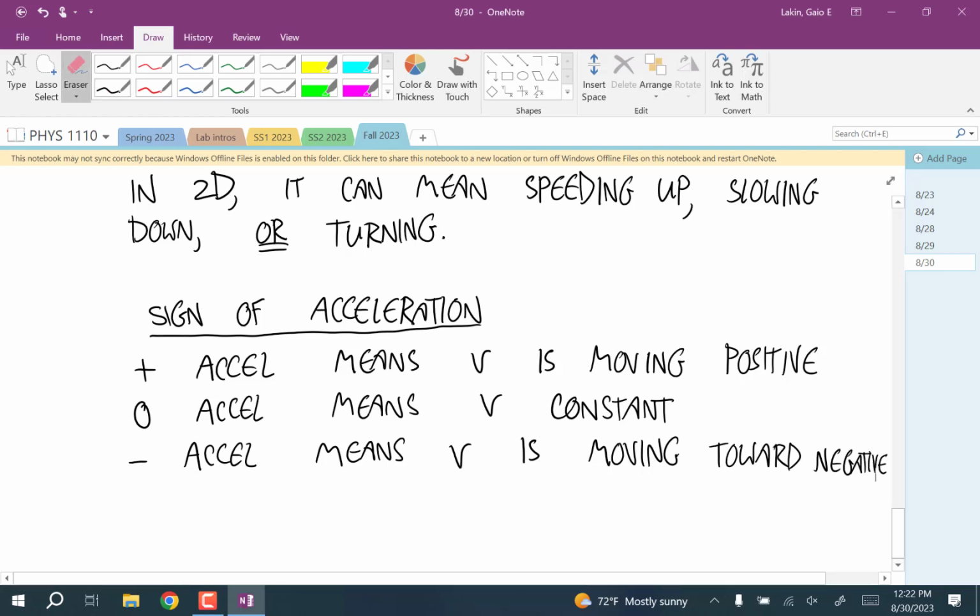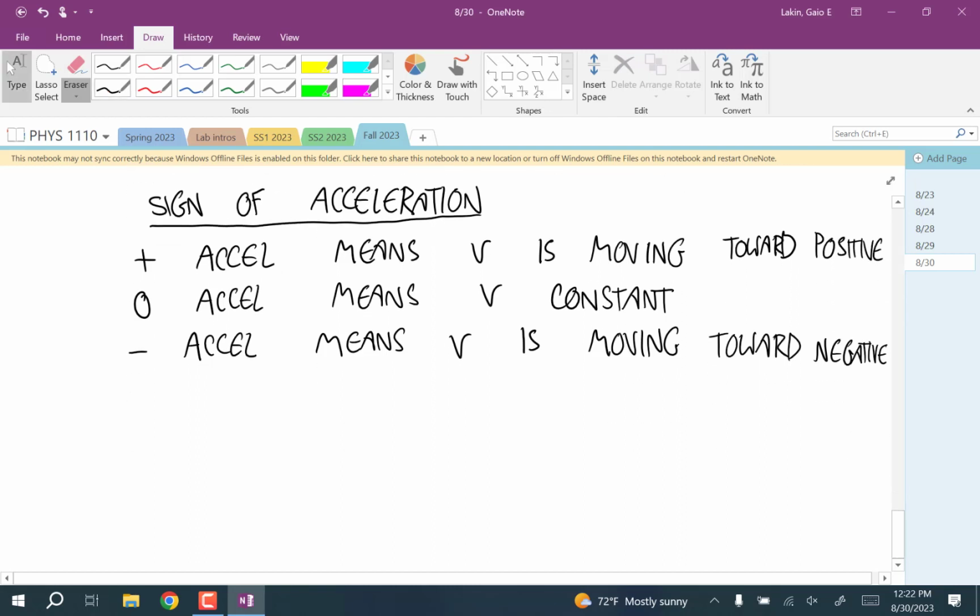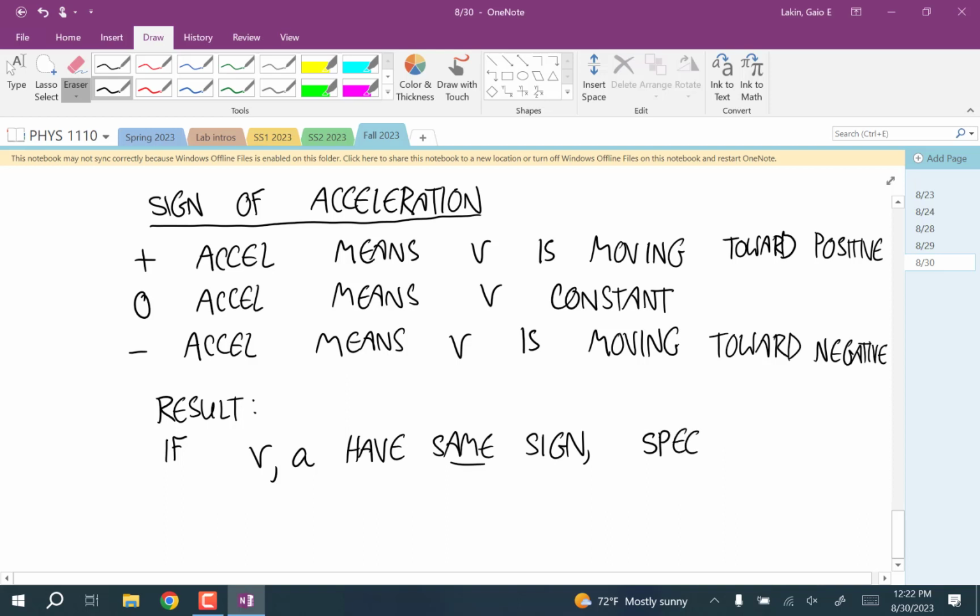The result of this, moving toward positive and toward negative, is that if the velocity and acceleration have the same sign, the object is speeding up, whether it's positive or negative.